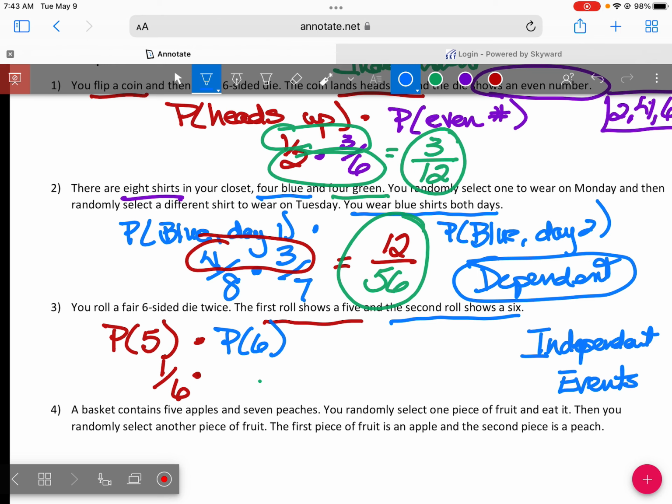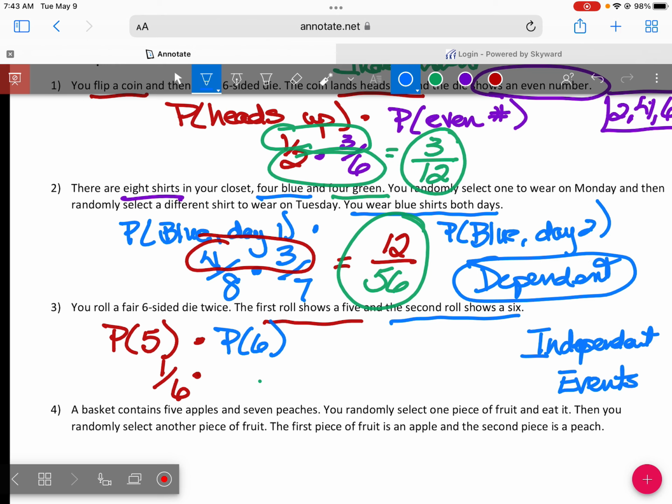If I roll a second time, how many successes would I have to roll the 6? If I roll the die, how many faces have a 6 on it? You want some help? Is it 6 out of 6? What do you guys think?